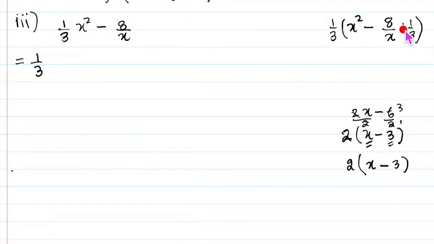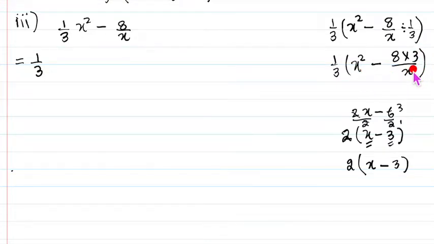We are using the same logic and we are saying that now 1/3 is common. So x squared will have 1/3 out because we have divided 1/3 x squared by 1/3. And here 8 upon x also will get divided by 1/3. So it will become 1/3 into bracket x squared minus 8 into 3 upon x.